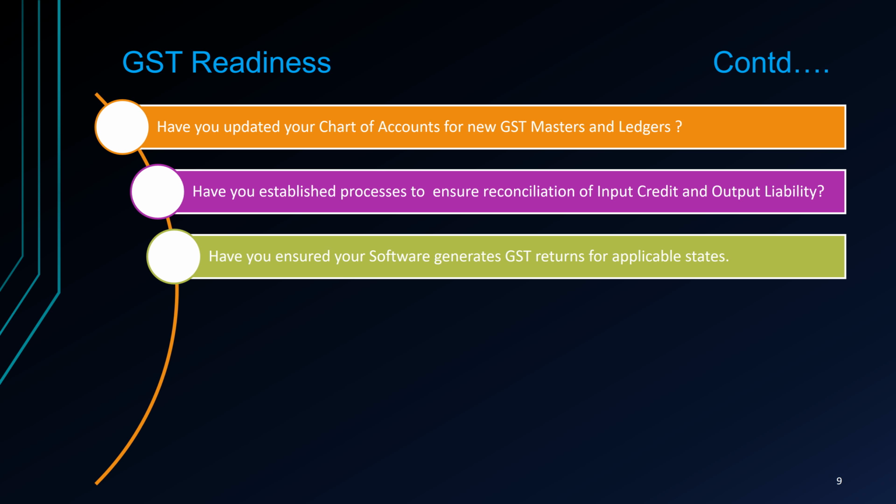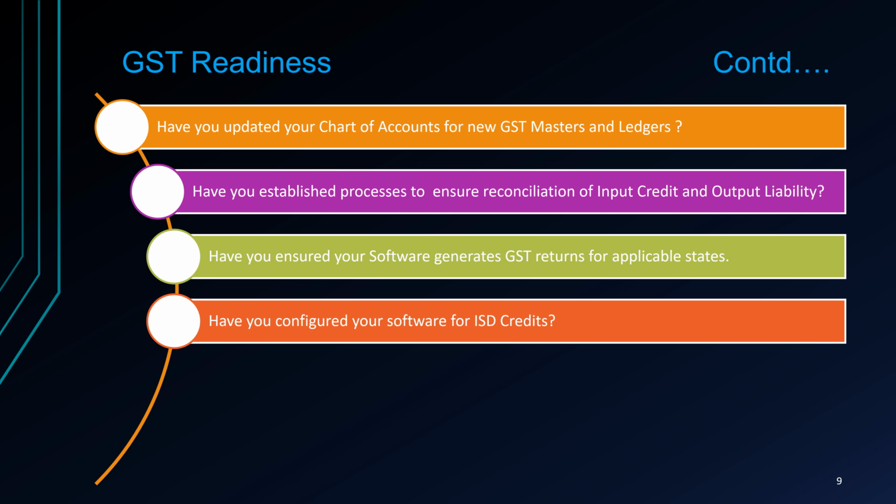Has the GSTN software been integrated with your books of accounts whenever you are using third party software? If you are using software of your own ERP, have you ensured that this software generates the returns bifurcated for each state separately? Wherever there are ISD credit distributions, have you ensured the software is classifying them and is able to identify to which branches such credits need to be distributed?